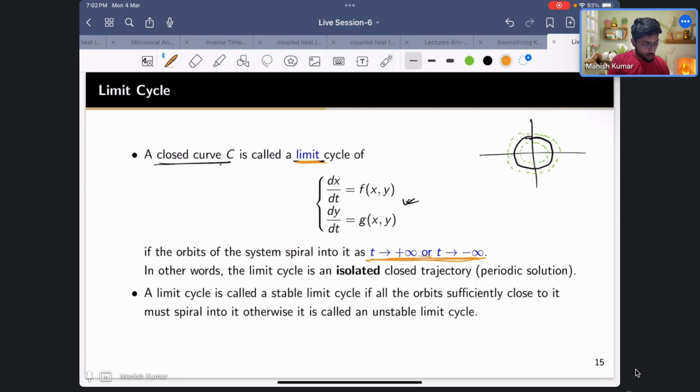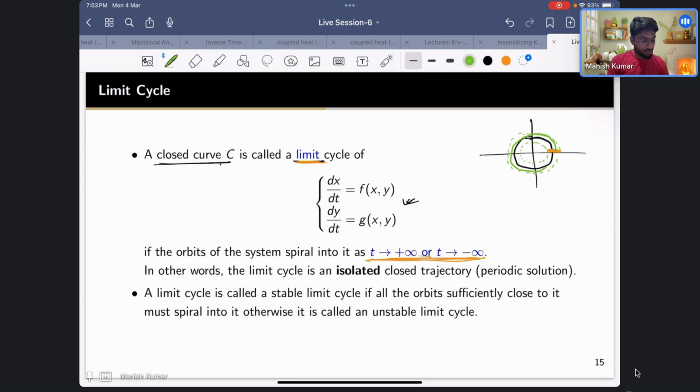If you take any solution or orbit in this region, it will not be a cycle, it will not be a closed curve. These two are equivalent in the sense that this line tells you that any orbit converges to this one. So it is not periodic, it is converging to this closed orbit. That means it cannot be a closed curve, because as t goes to infinity, it is going to this curve.